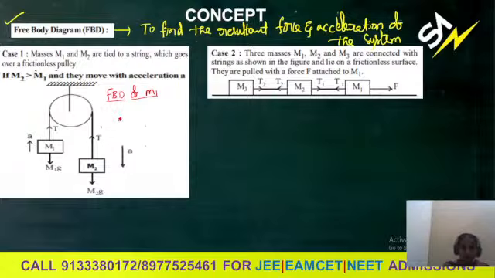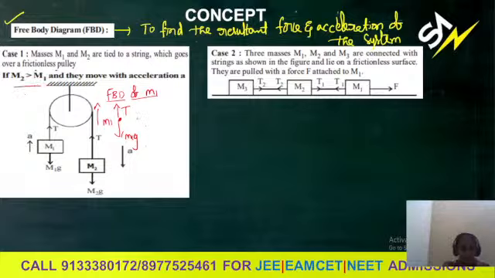We treat the mass of the object as a point mass, and for M1, weight will act downward and tensional force is along the string, which is upward. If you apply Newton's second law for this situation, the direction of M1 is upward, it is accelerating up, whereas M2 is greater than M1.